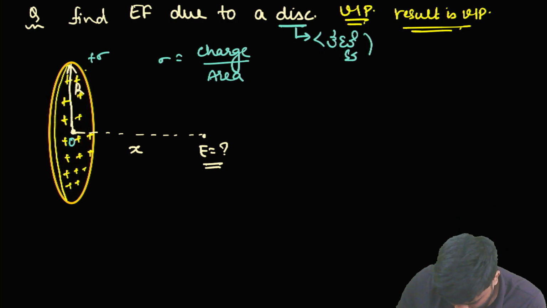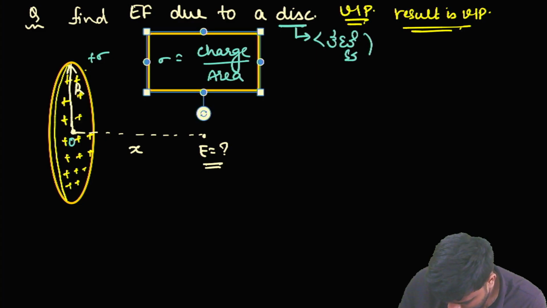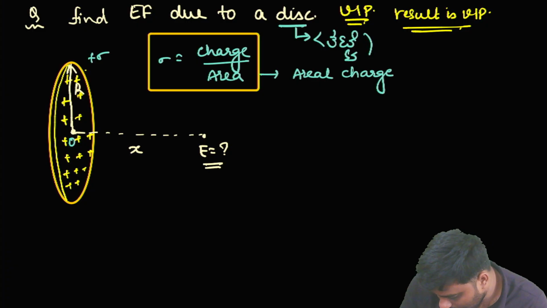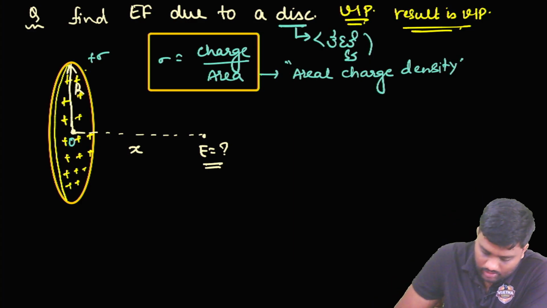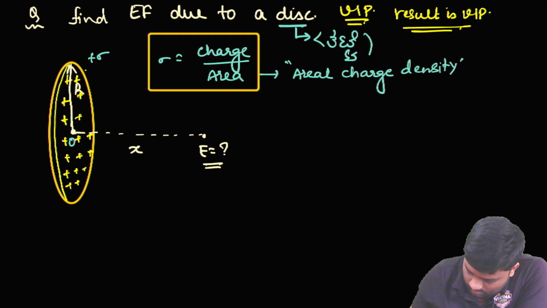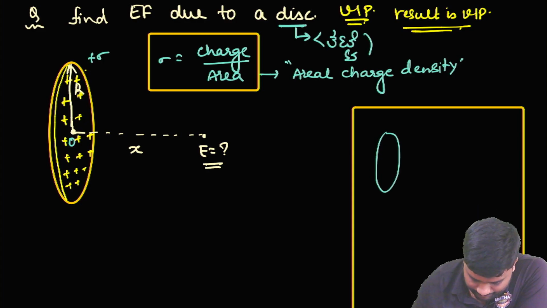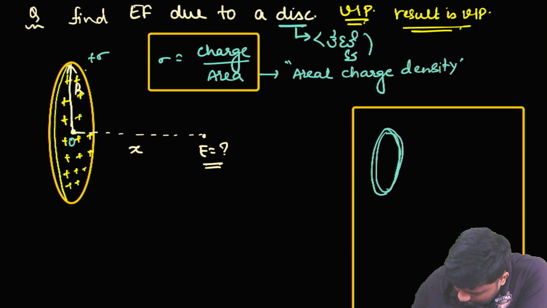Okay, now this is called areal charge density. See here, if there is a ring, this is your ring.